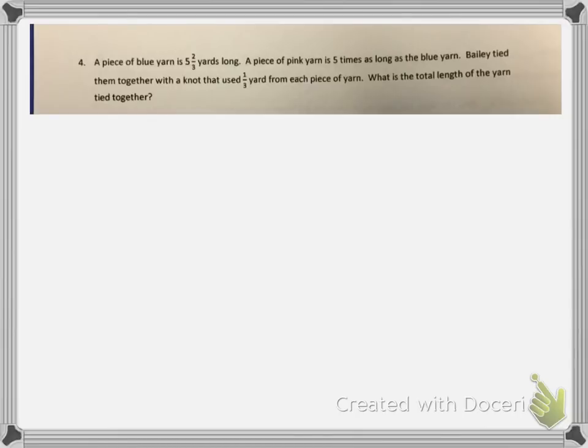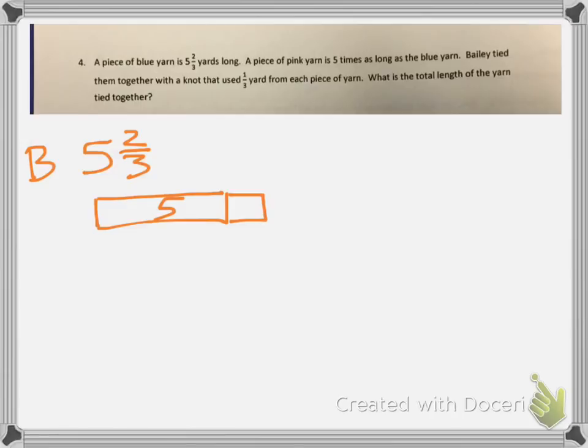Okay, so we know that the blue yarn is 5 2/3 yards. So this is the blue, 5 2/3. All right, so if we drew the tape diagram for that, that would be 5 and then 2/3. We know that the pink yarn is 5 times as long.